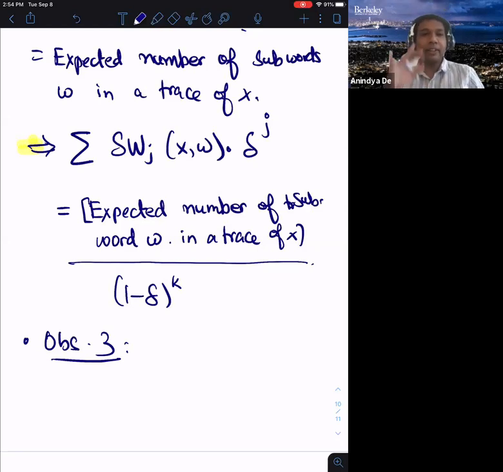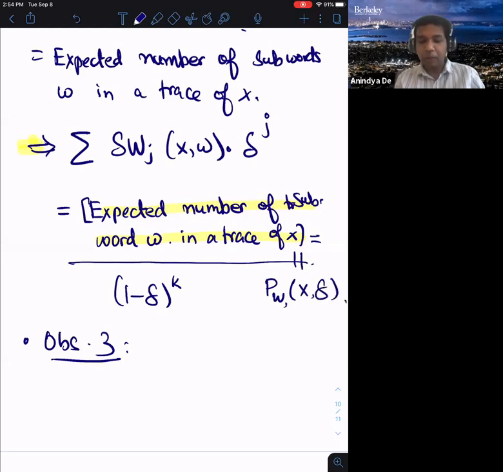Now suppose I did not have this number, the expected number of subwords W in a trace of X. I have an empirical estimator for that. But if instead of an empirical estimator, somebody actually gave me the exact number, then that would have been great. Let me give it a name, PWX delta.